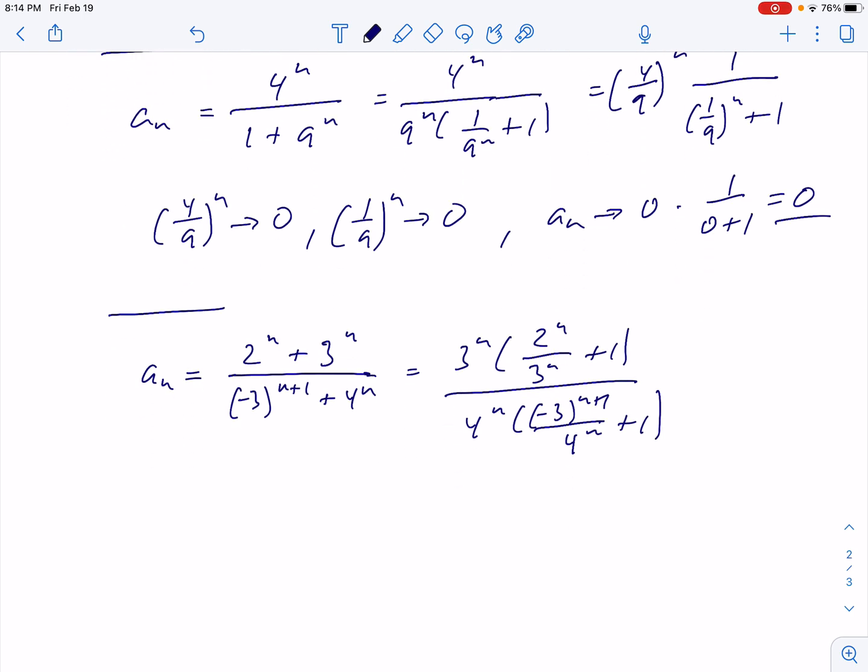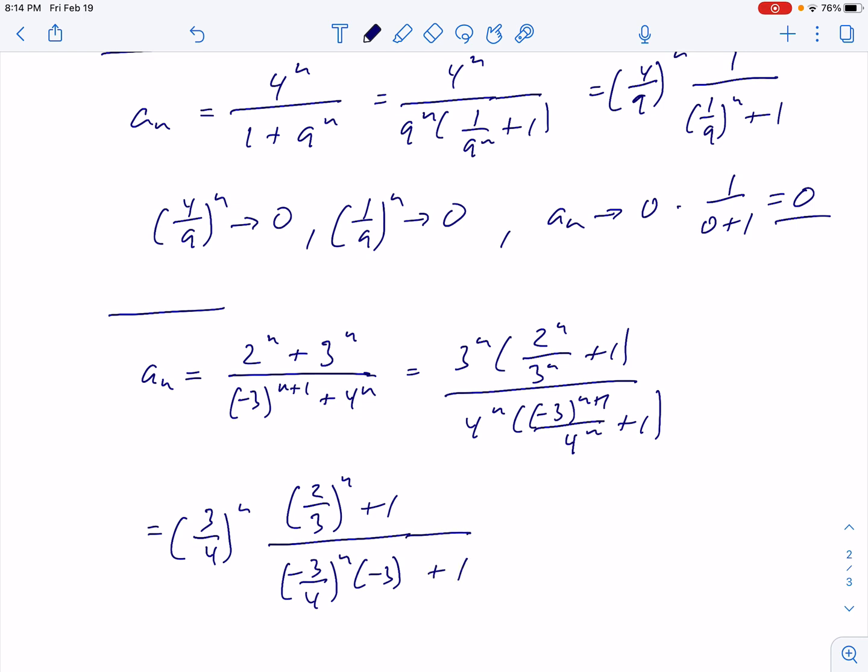Now we can rewrite this way: 3/4 to the power n, on the top here 2/3 to the power n plus 1, and here we have negative 3/4 to the power n, with one factor of negative 3 written separately, and all this plus 1.